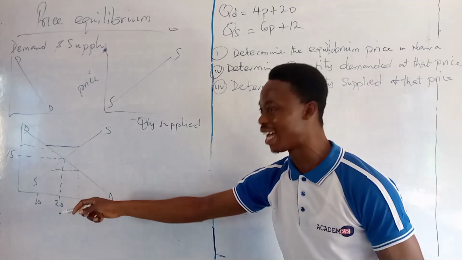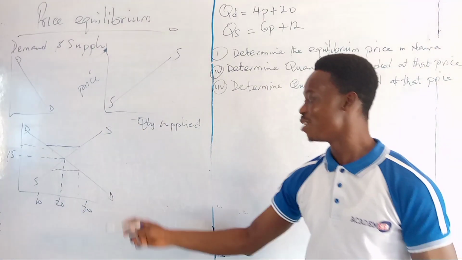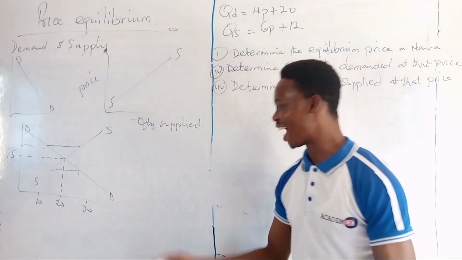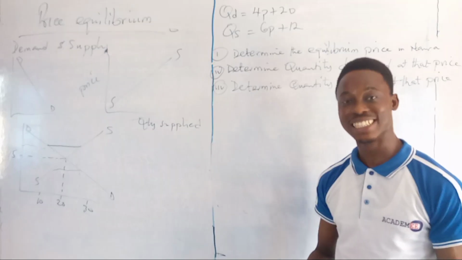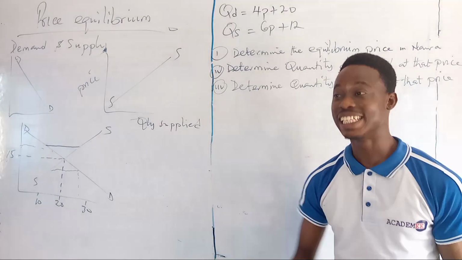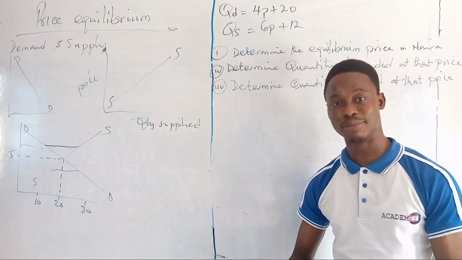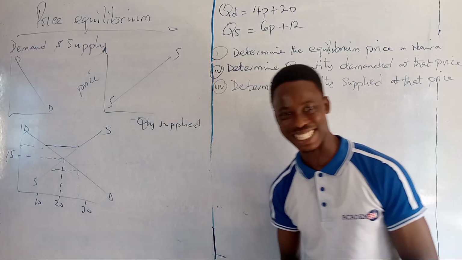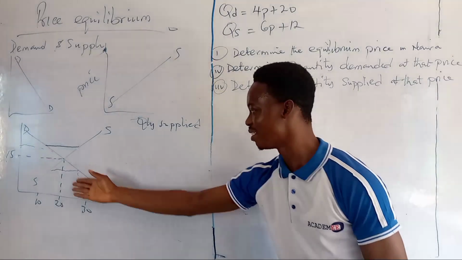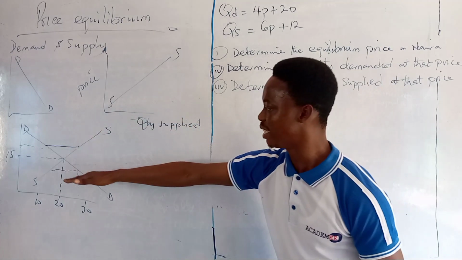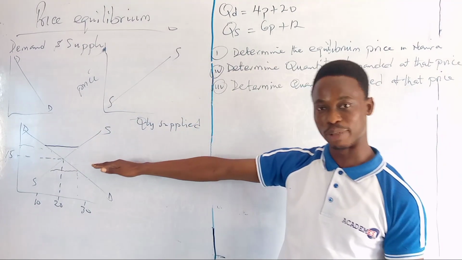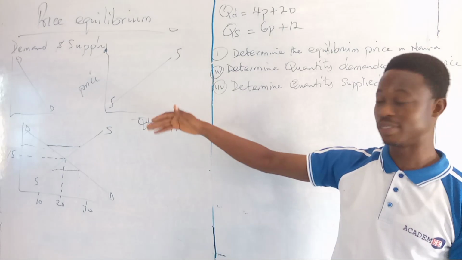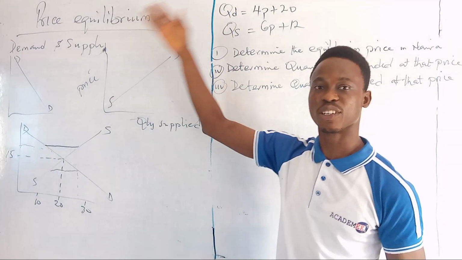But the producer will not be happy at that point, and will want to produce less. When the producer produces less commodity and the consumer is demanding more than what is available, we talk about scarcity. So any point below the equilibrium point, there will be scarcity of commodity. Any point above the equilibrium point, there will be excess commodity.